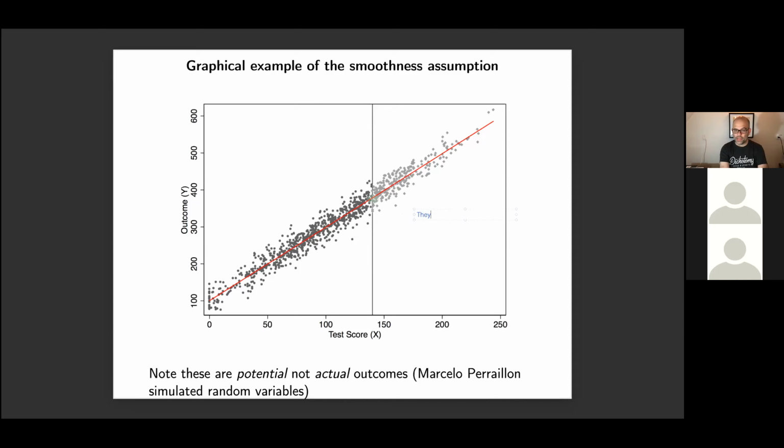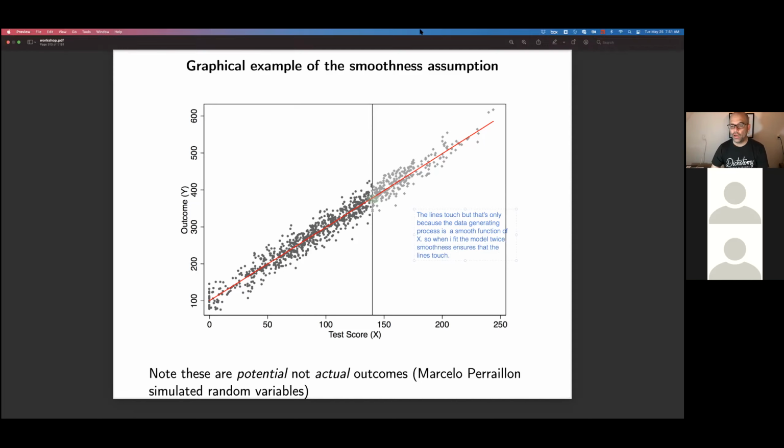The lines touch, but that's only because the data generating process is a smooth function of X. So when I fit the model twice, smoothness ensures that the lines touch.